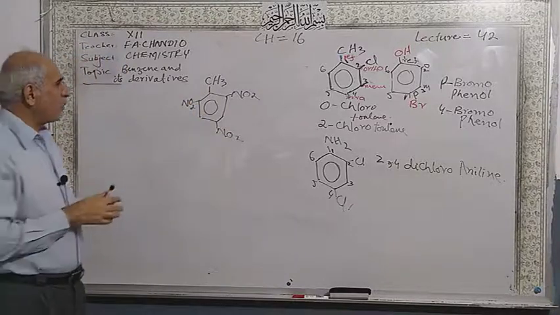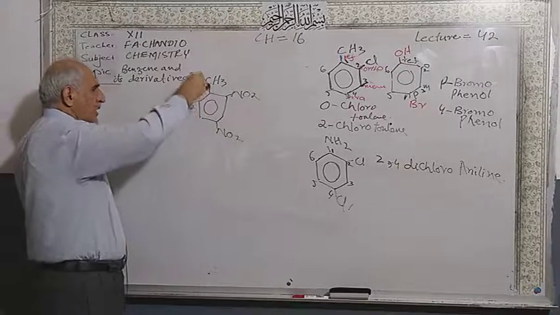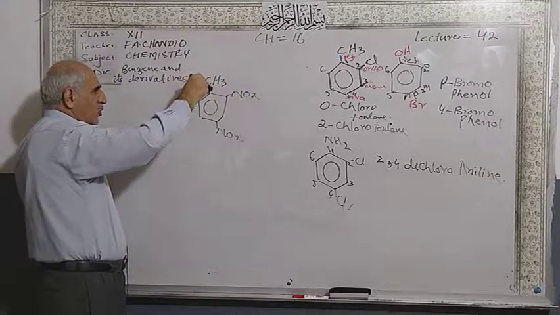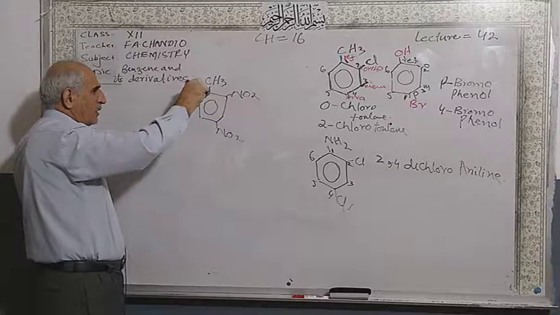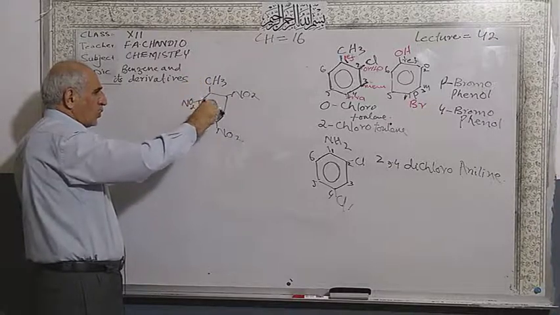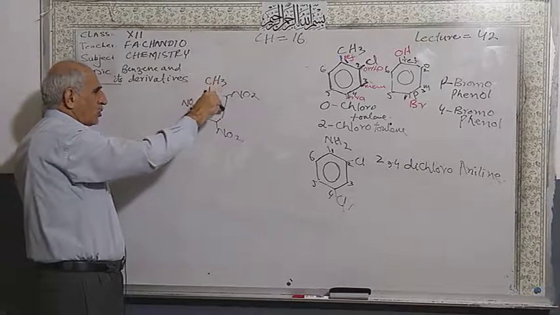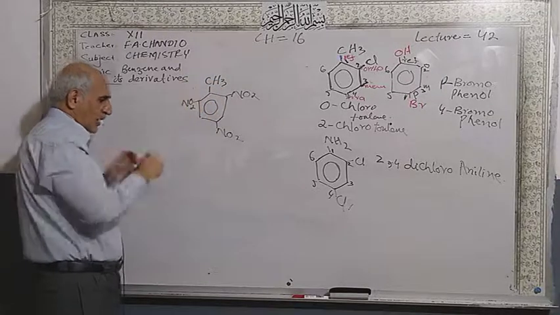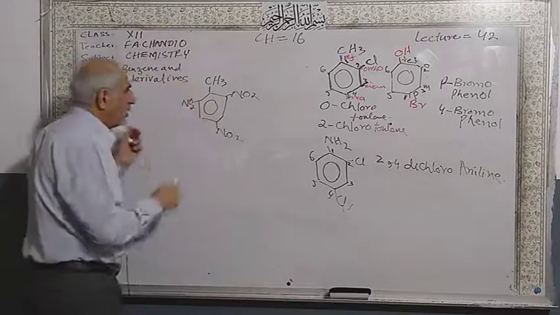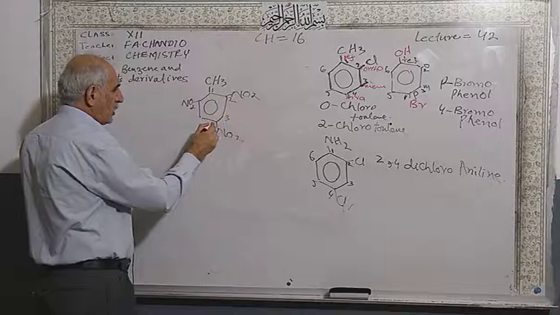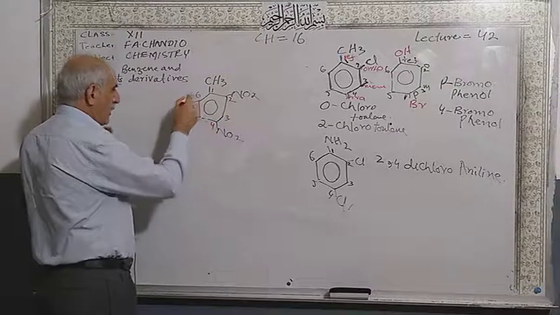Now in this compound, this is number 1 which is showing reactivity. This is the alkyl group. Starting from here 1, 2, 3, 4, 5, 6. From this side 1, 2, 3, 4, 5, 6. So same. This is number 1, number 2, number 3, number 4, number 5, and number 6.